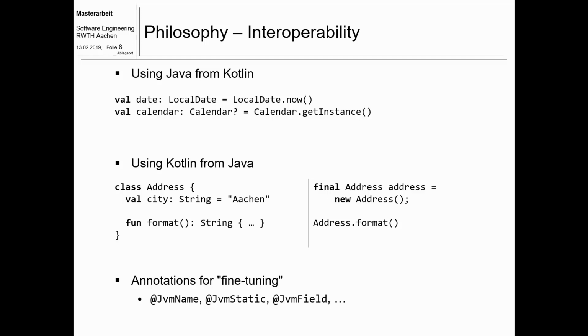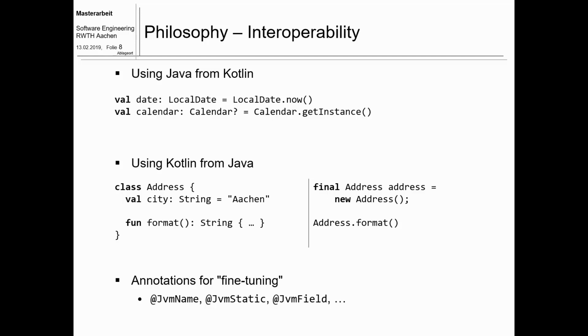You could simply call LocalDate.now or create a Calendar object as you would expect. So just reusing all the many classes, libraries, frameworks that exist for Java. And the other way around, you can also use your Kotlin classes or any Kotlin libraries, frameworks that exist by now from Java. So here again, it's basically as you would expect.